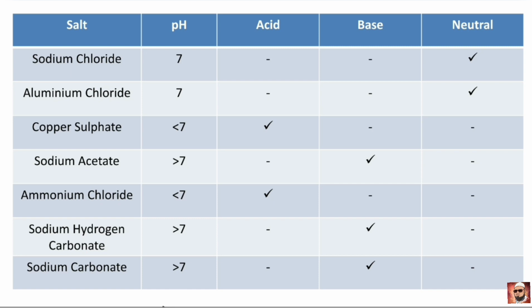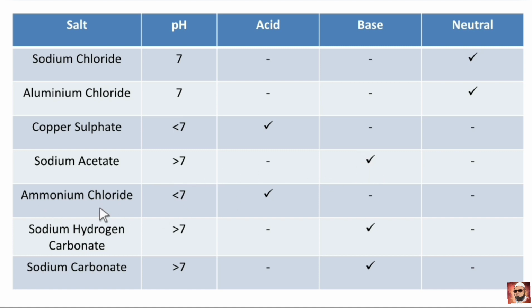If you see the table, the pH value of sodium chloride is 7, so it is a neutral salt. Aluminum chloride, its pH value is equal to 7, it is neutral. Copper sulfate, pH value is less than 7, so it is an acidic salt. Sodium acetate, pH value is greater than 7, so it is a basic salt.